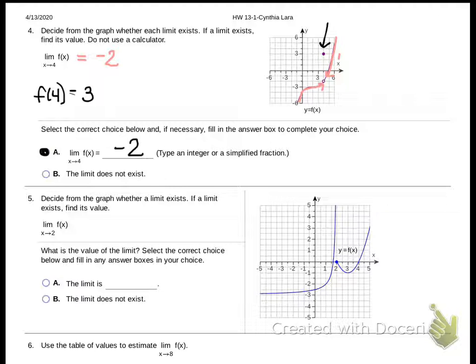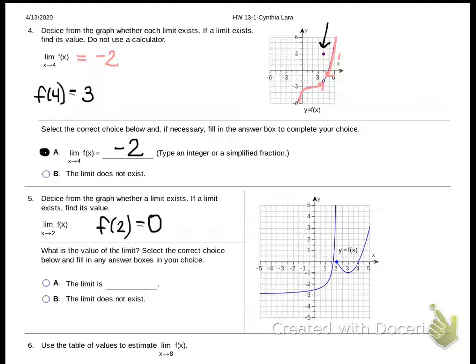So we're getting closer and closer. Now, first of all, let me find f of 2, right? F of 2 equals 0. That's not what they're asking. They're asking what's the limit.